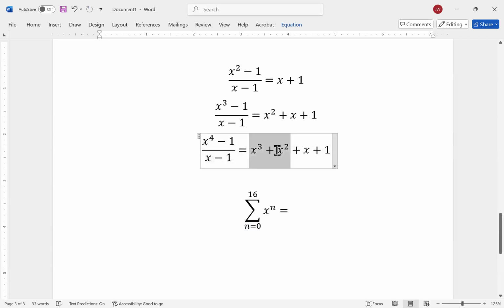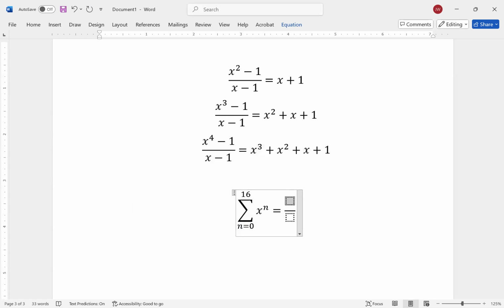Then this thing on the right becomes equal to x to the 16th minus 1 divided by x minus 1. So this sum becomes the fraction x to the 16th minus 1 divided by x minus 1.